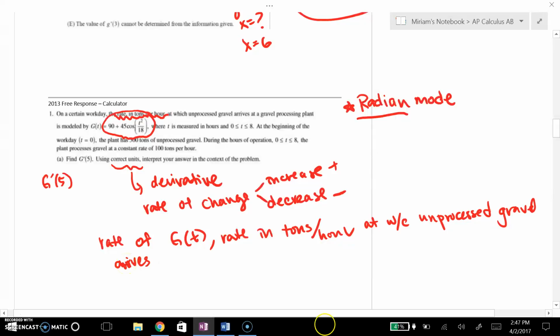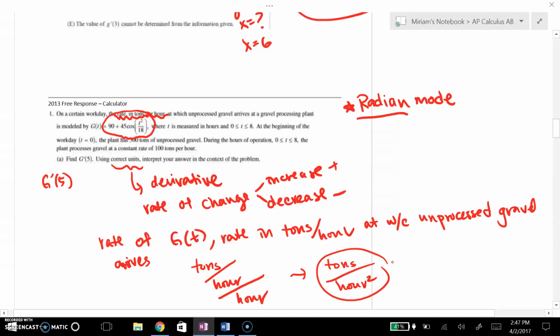So that's tons per hour per hour. Okay? Some might say tons per hour squared. So this is the correct units.